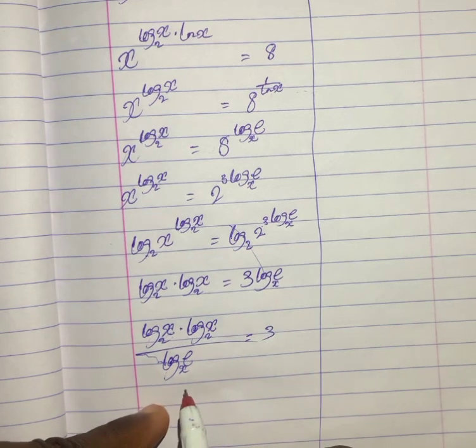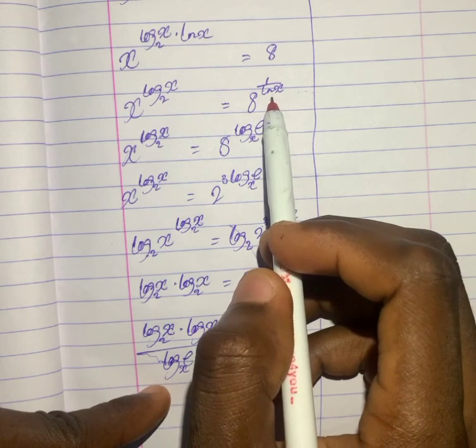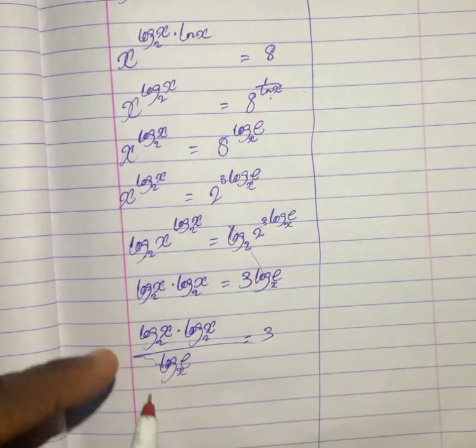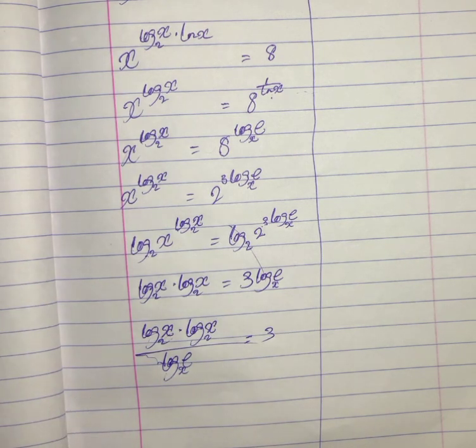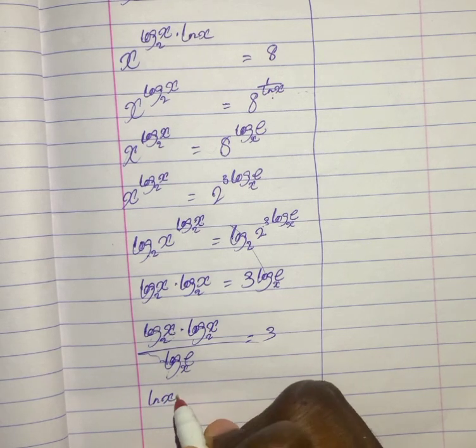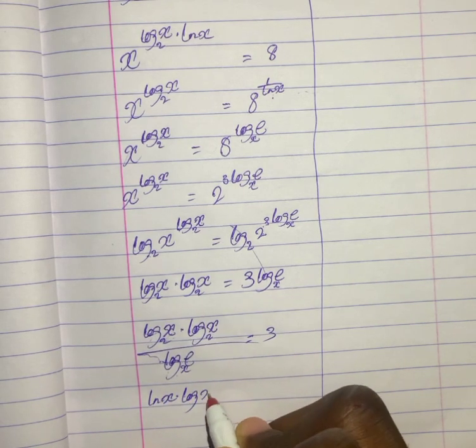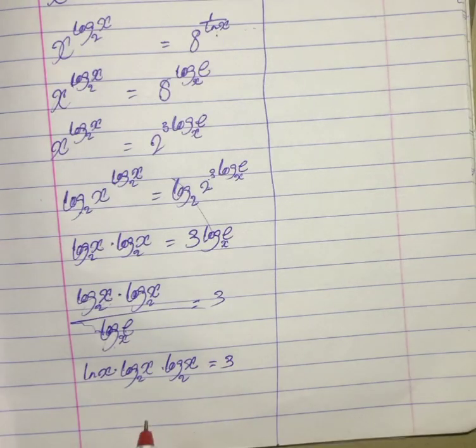So now you should notice something here. We are getting what we got in the first place. 1 over log e base x can be written as ln x, because the e goes to the base. So we say ln x times log x base 2 times log x base 2.